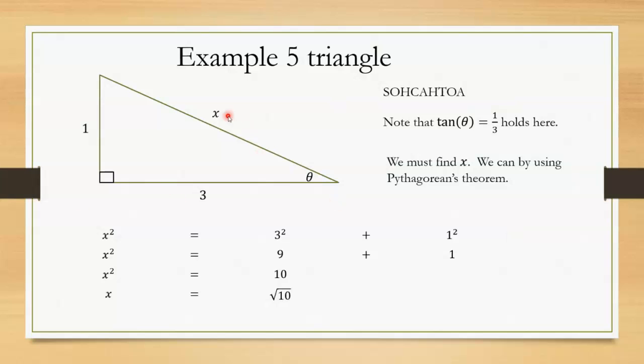So we have 1 squared plus 3 squared is x squared. I put the x on the left because that's the unknown.